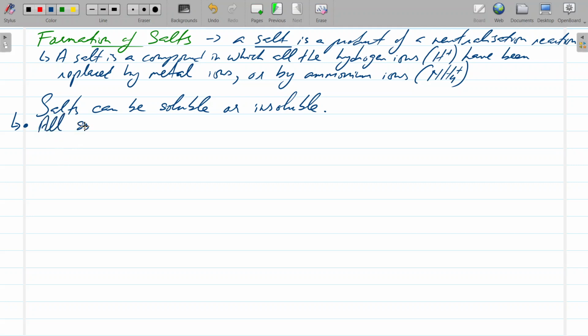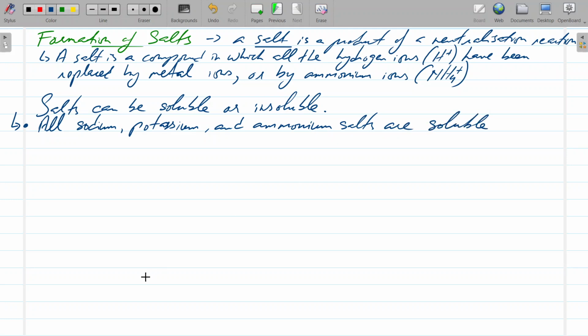All sodium, potassium, and ammonium salts are soluble. So if you've got a salt that has sodium or potassium or ammonium, it's going to dissolve in water.